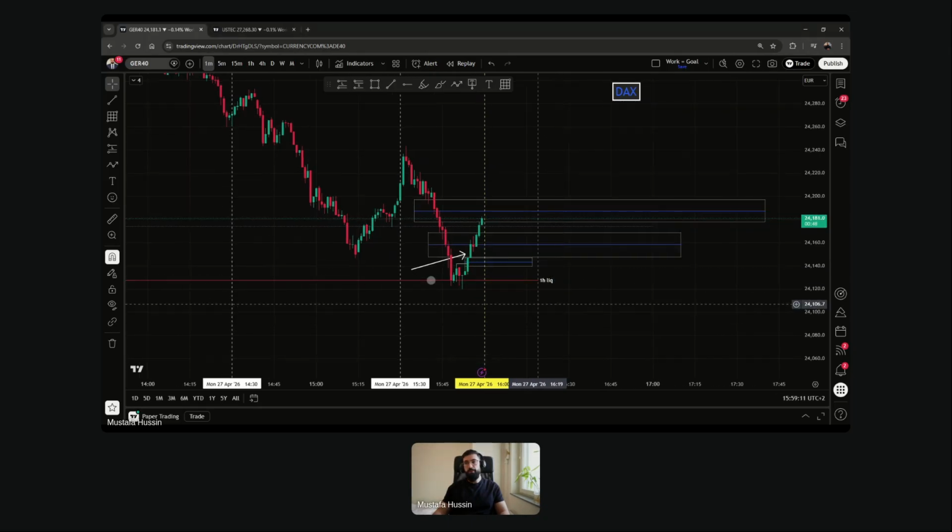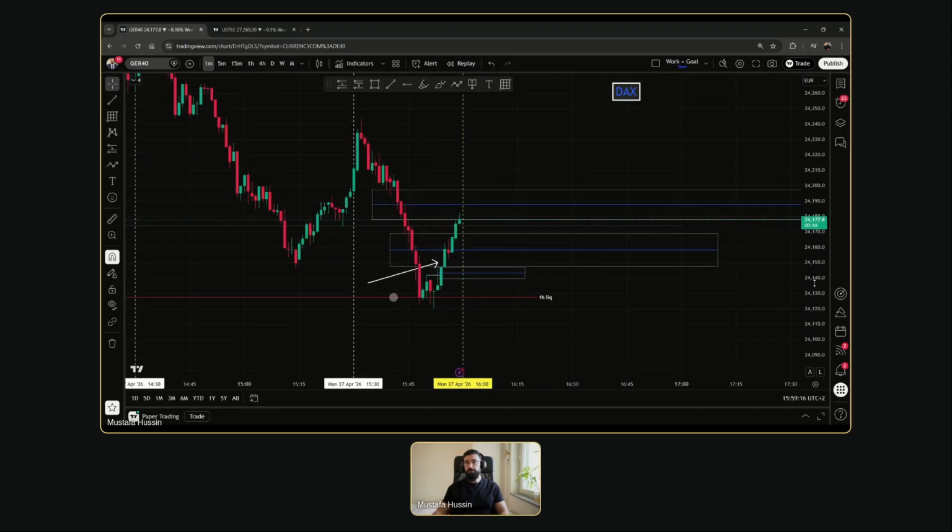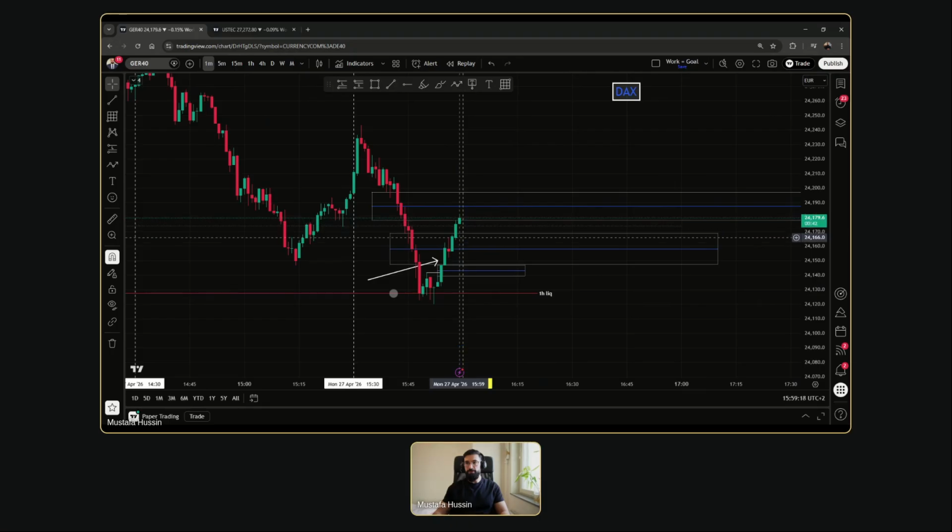That's too bad. But we still have when the 1 hour closes that it might continue to the downside. So I'm gonna remove this fair value gap box and this fair value gap box.